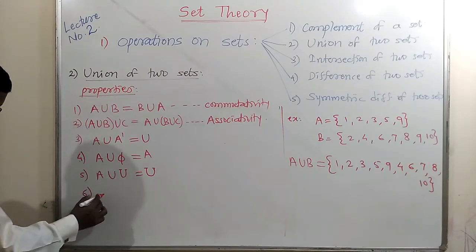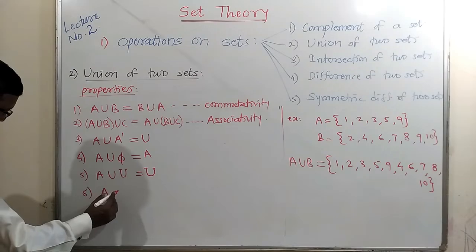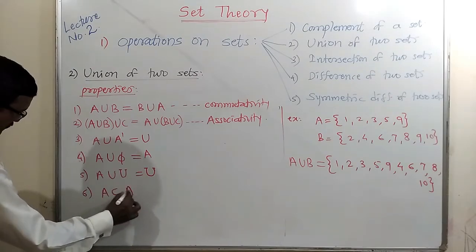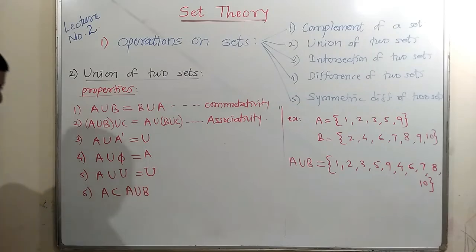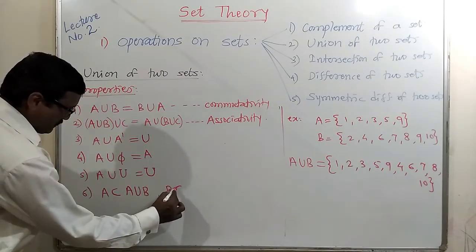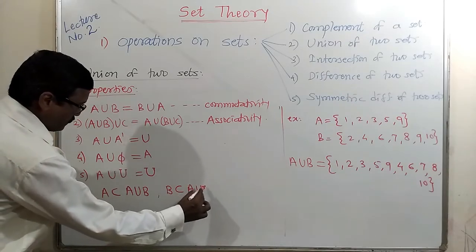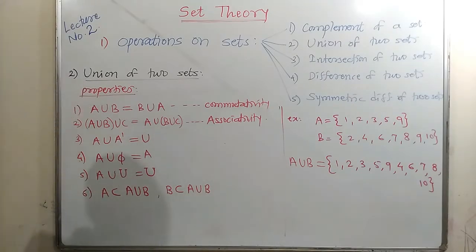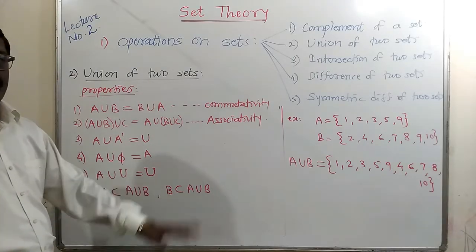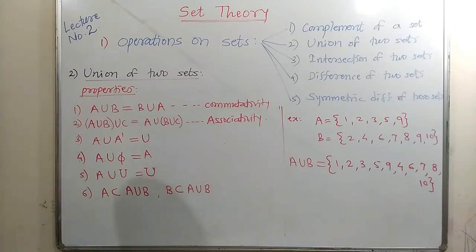Then next property, A is always a subset of A union B, and B is also a subset of A union B. These two subsets, A is subset of A union B, B is subset of A union B. So these are the properties related to union of two sets.